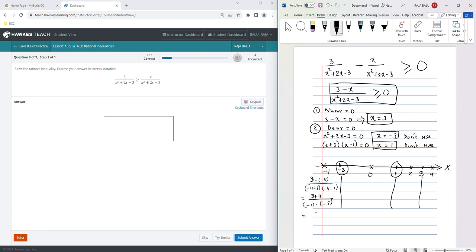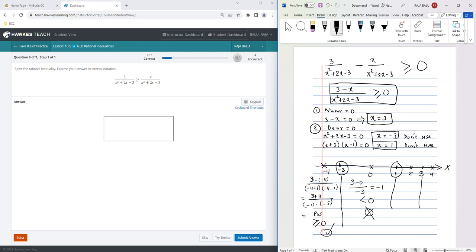So this overall comes to a positive value, which is greater than or equal to 0. And now plugging in 0 will give me 3 minus 0 over, all the x's go to 0, negative 3, which is less than 0. The condition we want to satisfy is greater than or equal to 0. So the first group satisfies, second group doesn't satisfy.